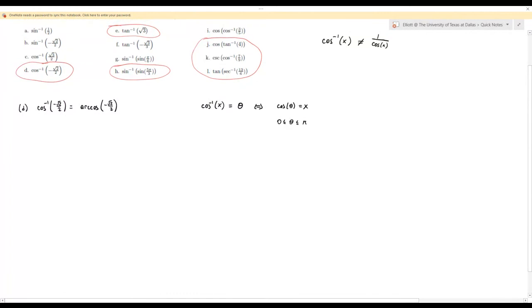So to answer this question, what angle theta will make cosine of theta equal to negative root 2 over 2, and is between 0 and pi?